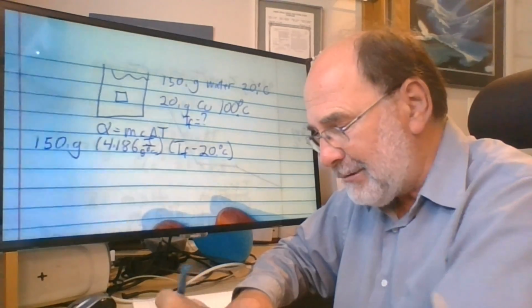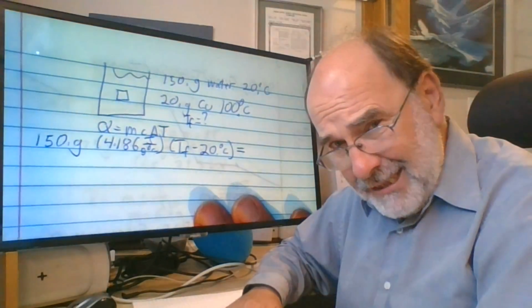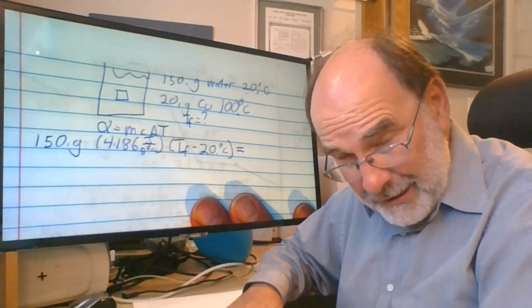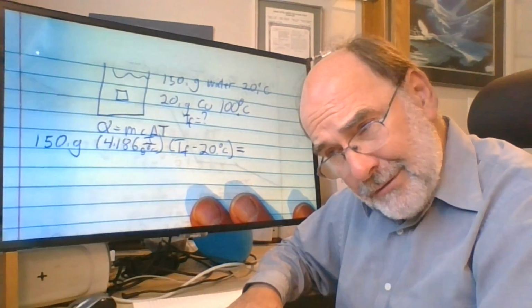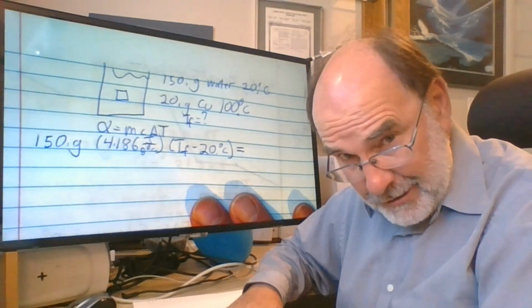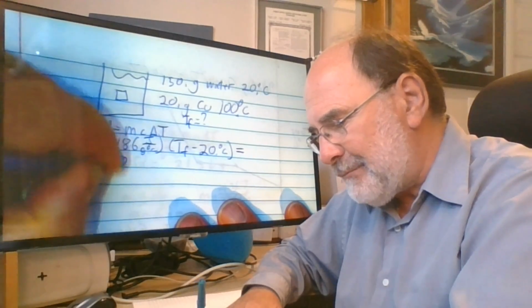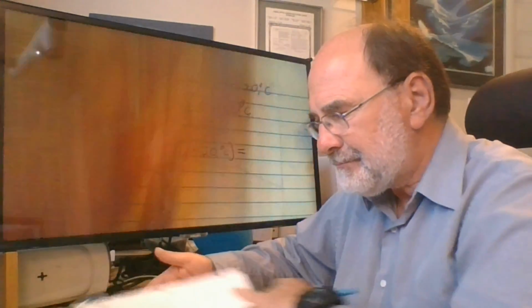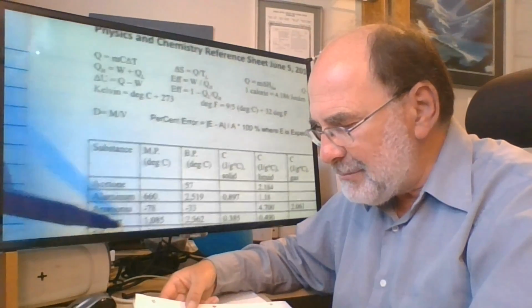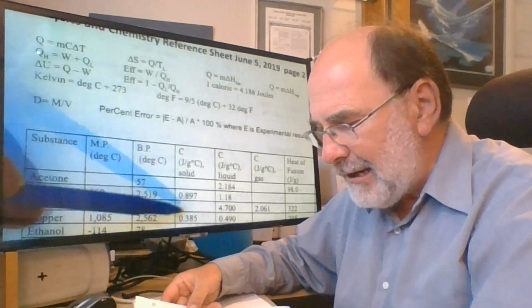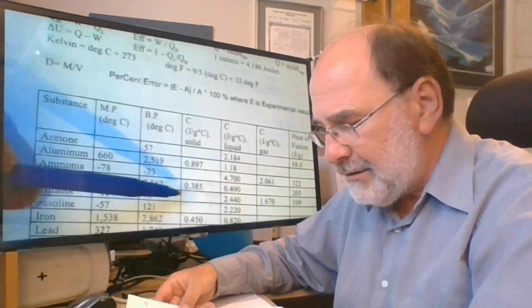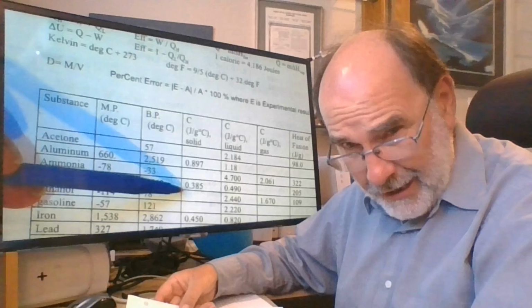So that goes inside the parentheses. That represents the heat gained by the cold substance warming up. Now I set that equal to the heat lost by the hot substance cooling down. And in this case, it's going to be 20 grams of copper. And I have to look up the specific heat of solid copper, and it says 0.385.